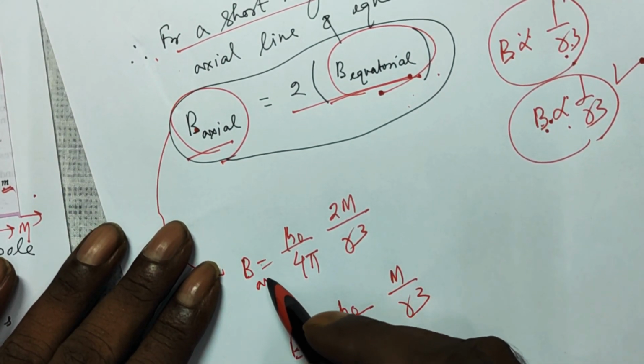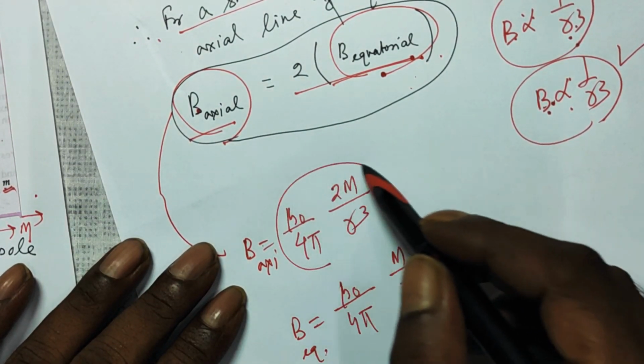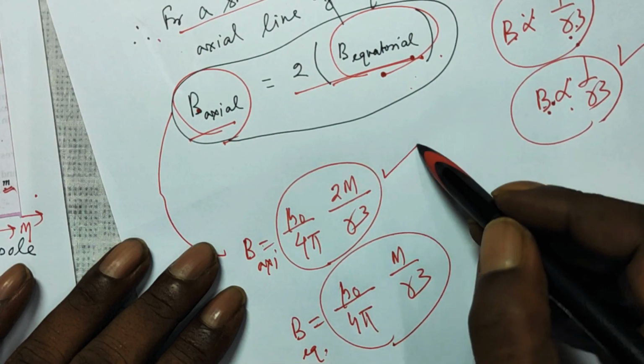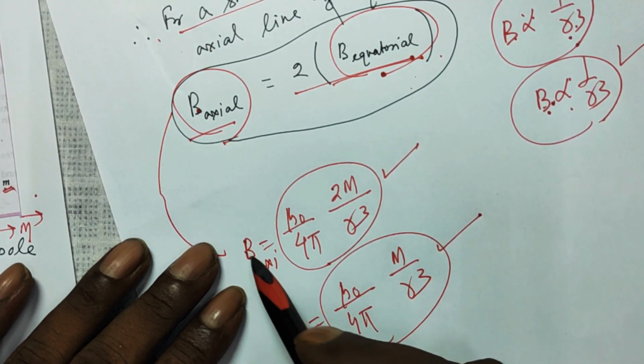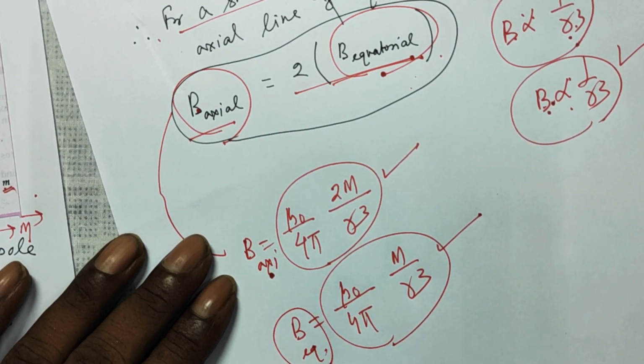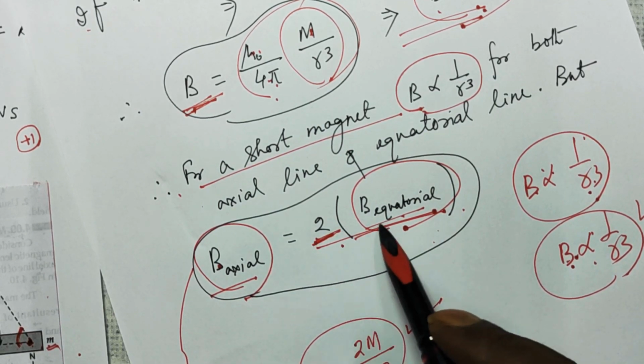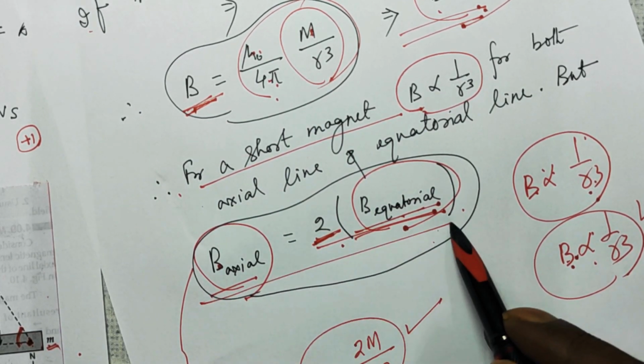This was your axial, this was your equatorial. Now look at this and look at this. This is 2 times this. So B axial for a short bar magnet is 2 times the B equatorial for a short magnet, right?